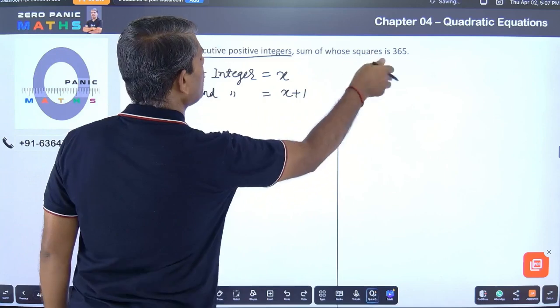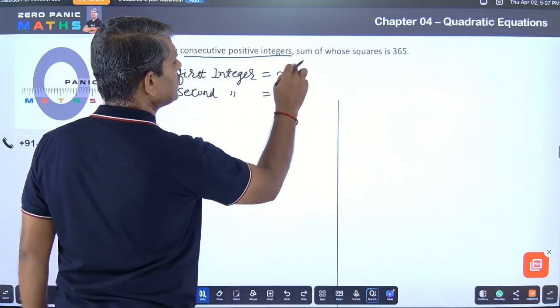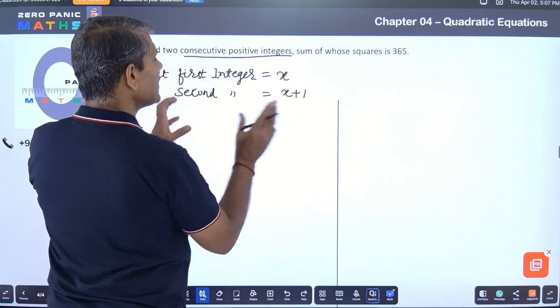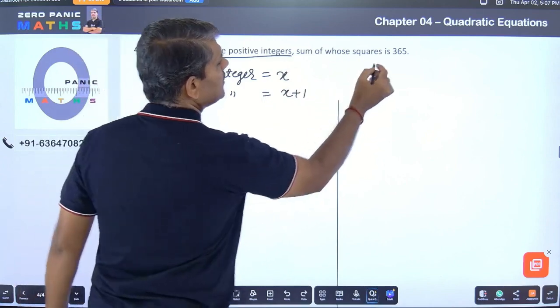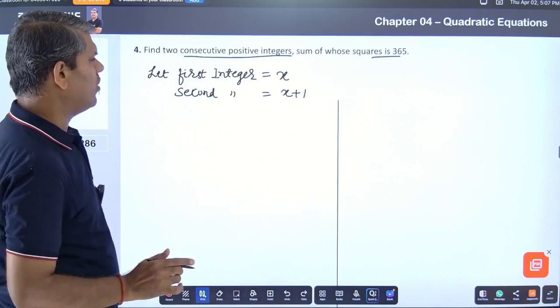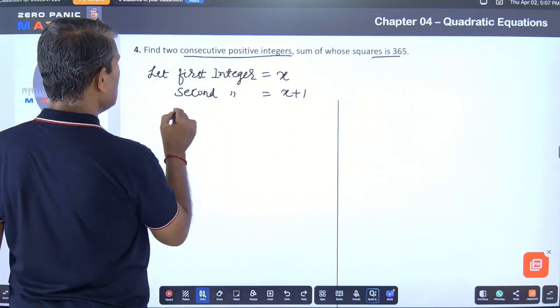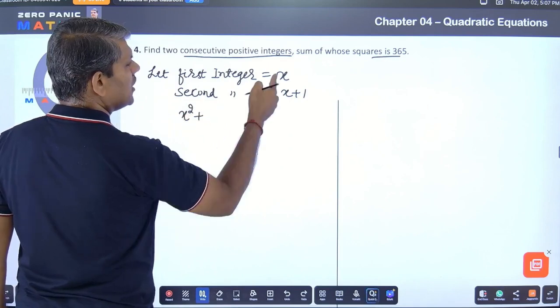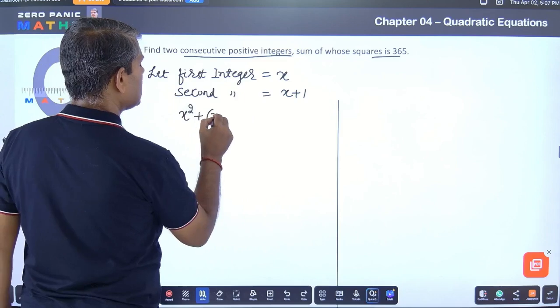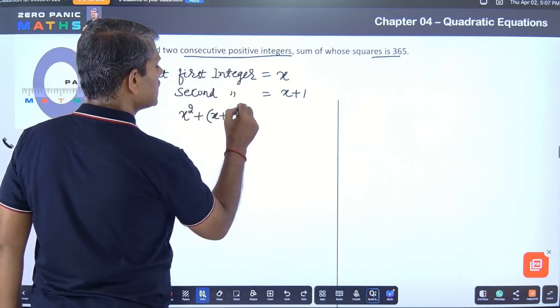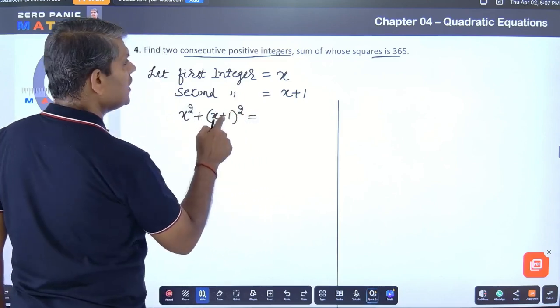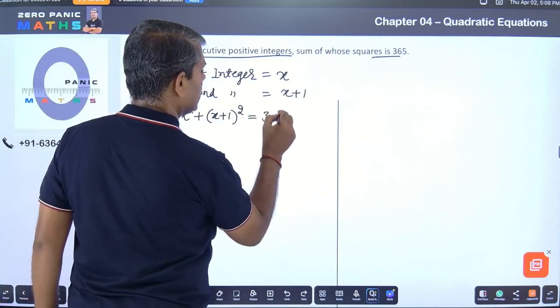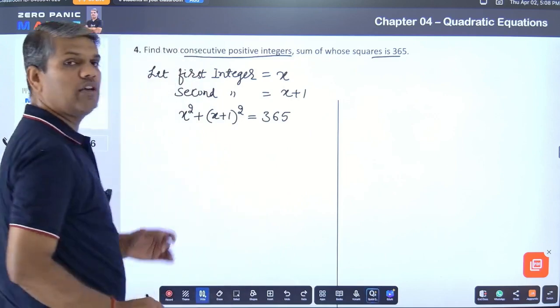For the sum of whose squares, we have to square both and sum them, and that value is equal to 365. It's a very simple problem. So x square is the square of the first number, and (x plus 1) square is the square of the next number. The sum of these two is equal to 365. This is the given problem.